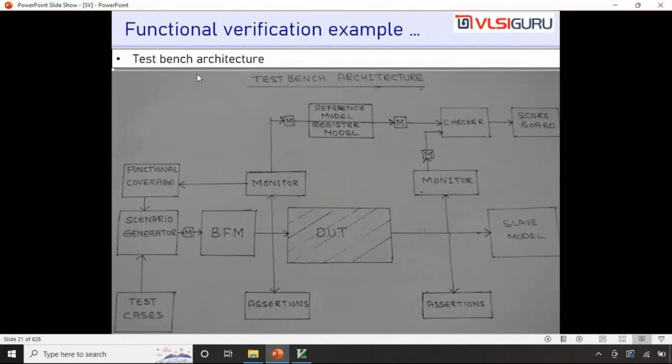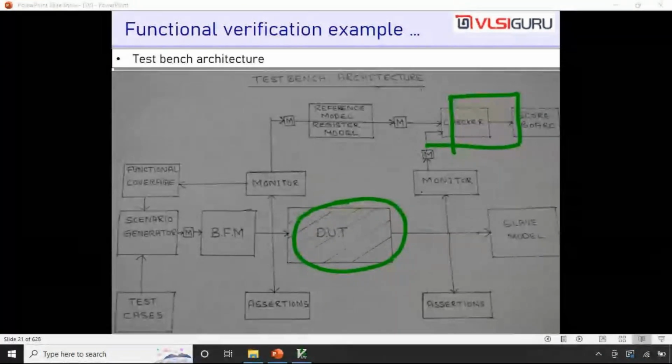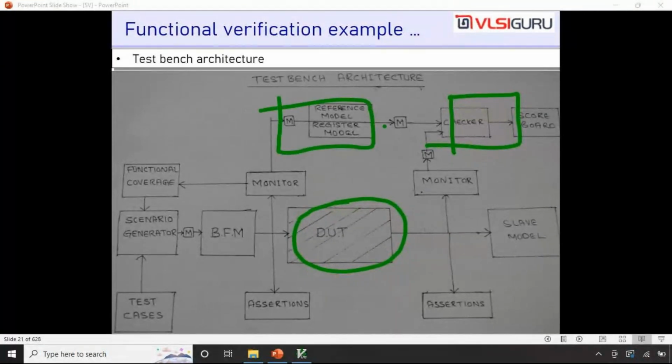With all this learning, what we are going to do over the next 3, 4 months, our intention is to develop this kind of test bench in a very efficient manner. Now, this is not part of the test bench. What is this? DUT. In Verilog, we are used to a coding style where we have a DUT and a test bench. Only two elements are there.